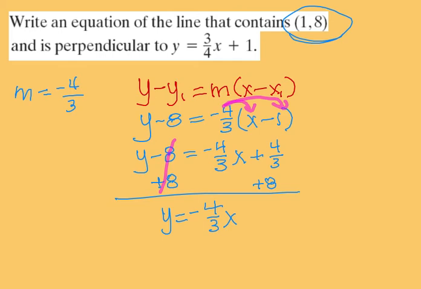You can do that on your calculator if you want to, and your calculator will either give you 28/3, or that would be the same as writing y equals negative 4/3 x plus 9 1/3. So both of those are fine. It's not a right or a wrong. Those mean the same thing, but they're both right answers.